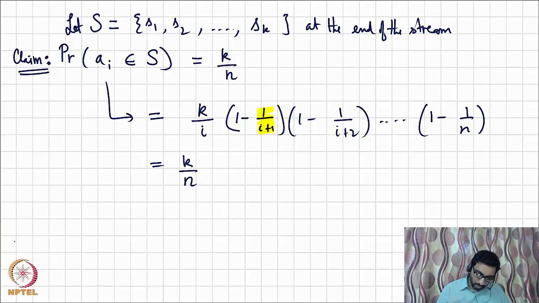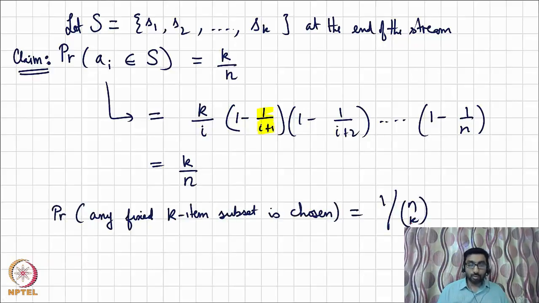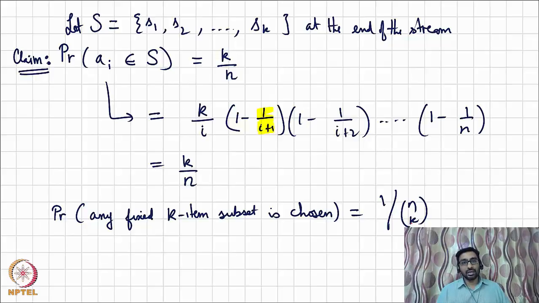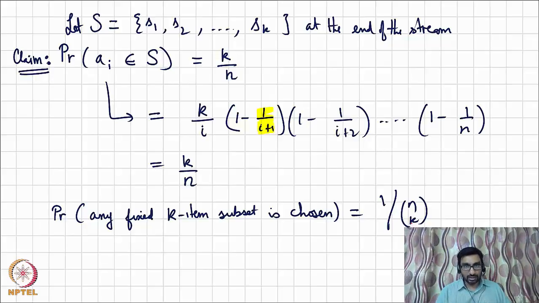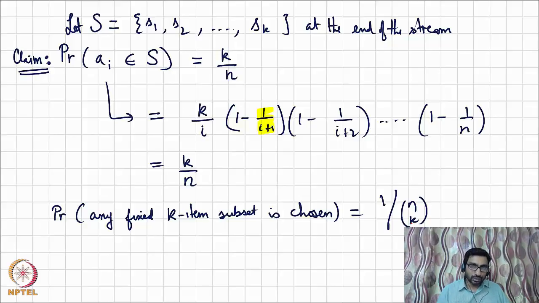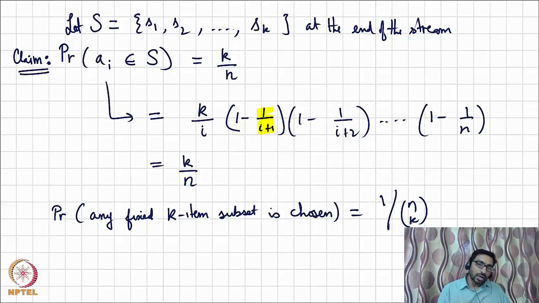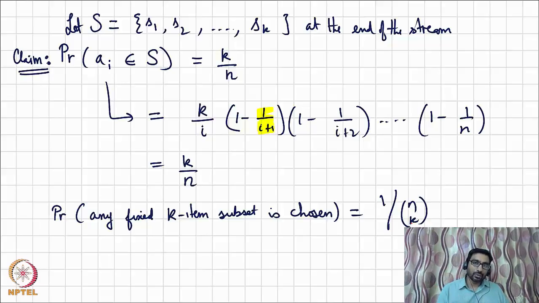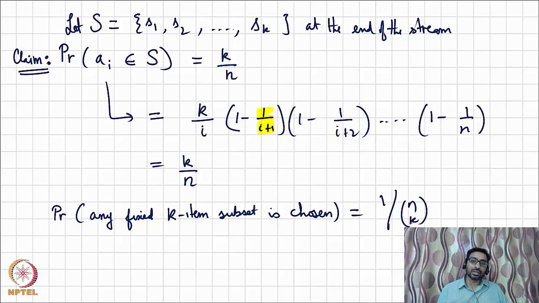What we wanted was that the probability that any fixed k-item subset is chosen as the subset that is output should be exactly equal to 1 over n choose k. So have we proven this? Think about this. That's your exercise. So that completes our segment 2.